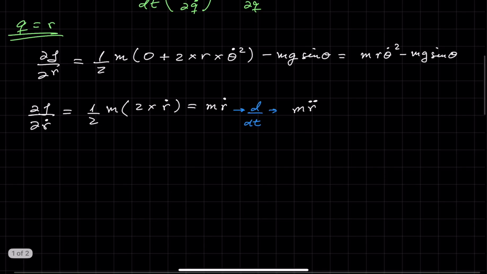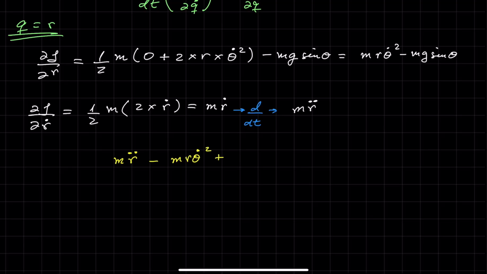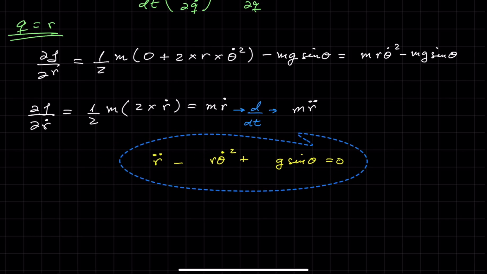And with m r double dot we have the equation, right? That is this minus this expression plus m g sine of theta equals 0. And we cancel the mass, and this is a solution.